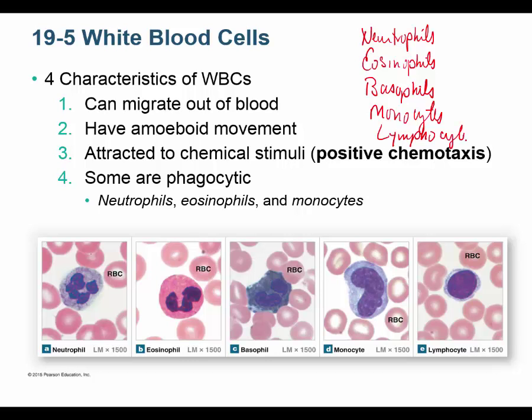Okay, and not only are there five types of white blood cells, but these three are called granulocytes because they have granules, and these two are called agranulocytes. So we have the three granulocytes and the two agranulocytes.